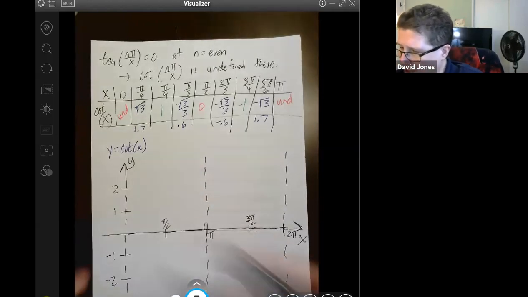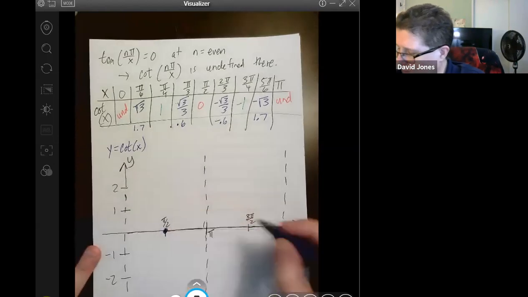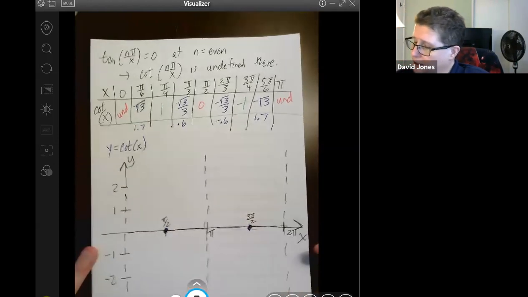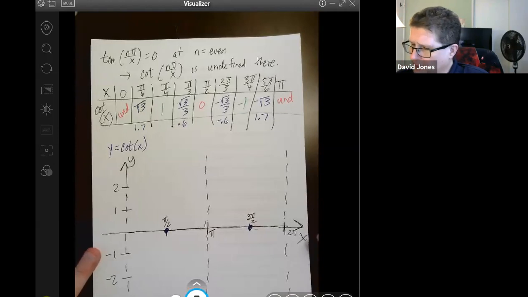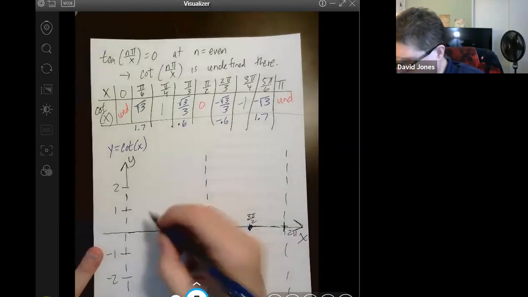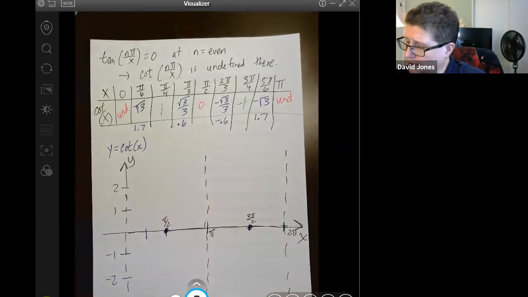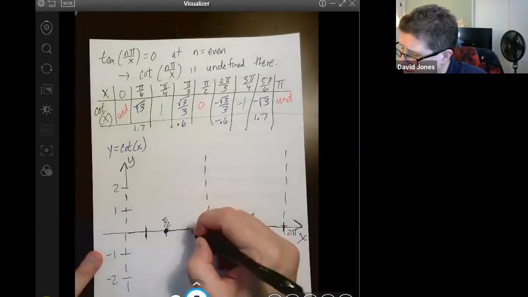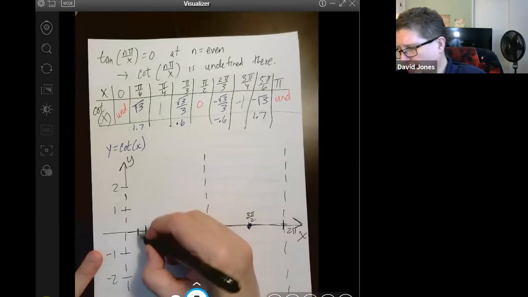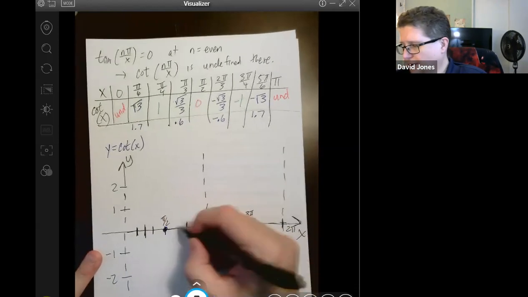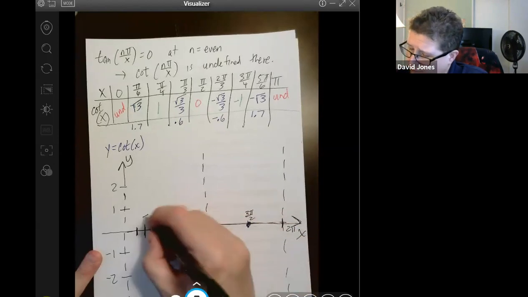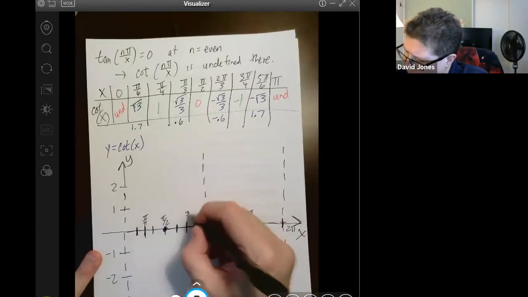What do we got? The pi over 2s are our zeros, the odd ones. Cut those in quarters. And then I'll put in the 30-degree marks. That's pi over 4, 3 pi over 4.